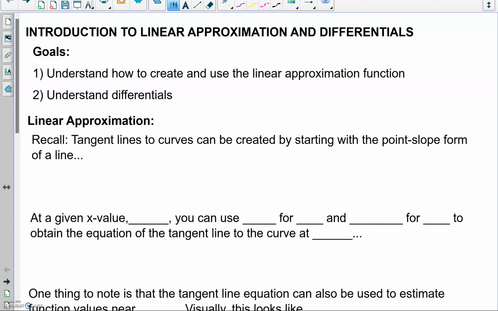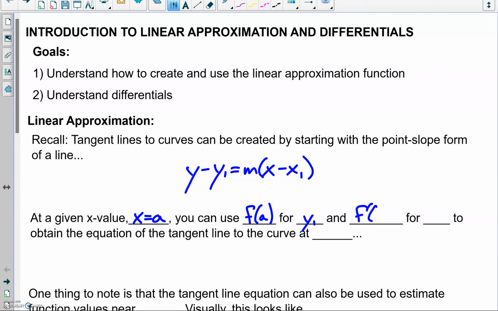So, linear approximation. First thing to recall: tangent lines to curves can be created by starting with the point-slope form of a line. So you get y minus y1 equals m times x minus x1. At a given x value, x equals a, let's say, you can use f of a for the y1, and you can use f prime of a for the slope m.